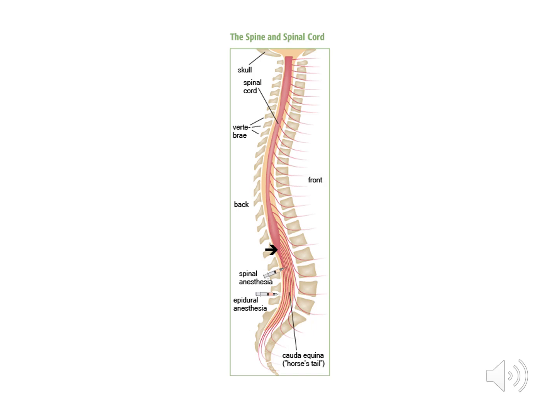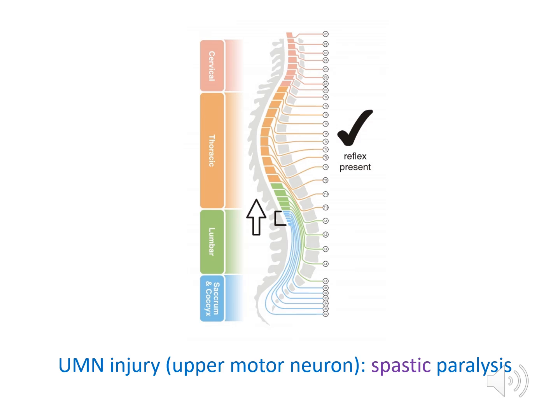Does that make sense? So with the upper motor neuron injuries, we sometimes refer to it as spastic paralysis. The spastic term referring to the fact that there are still spinal reflexes.